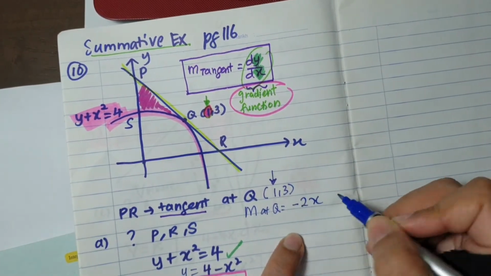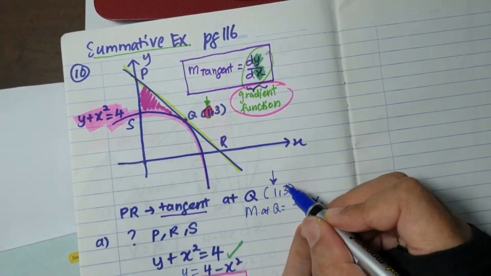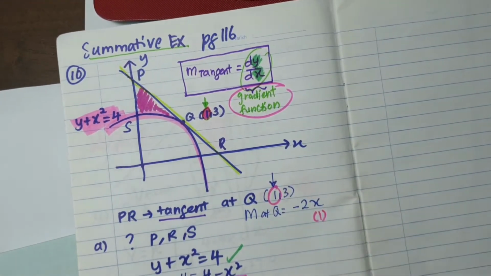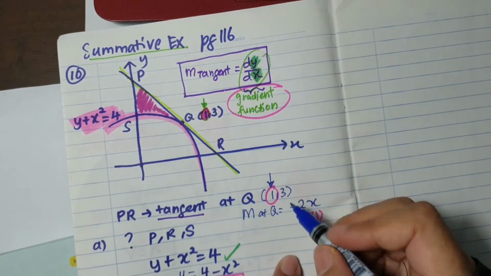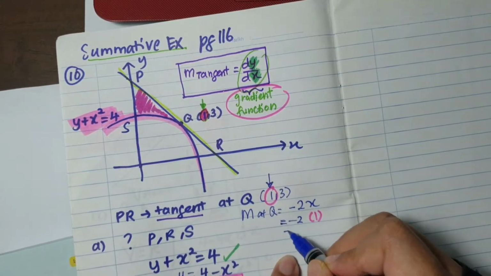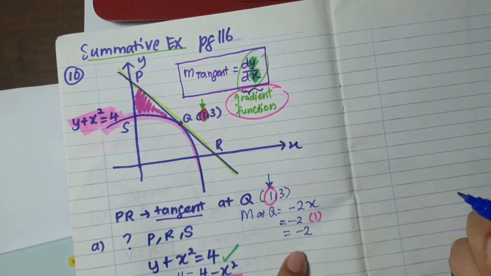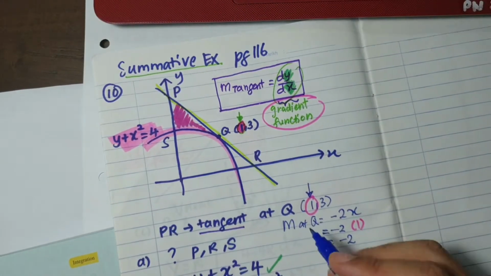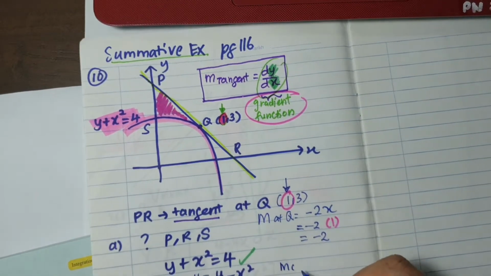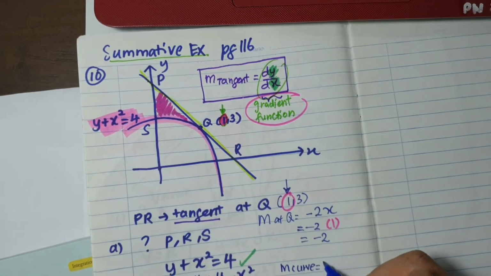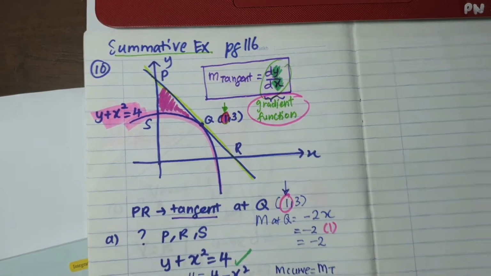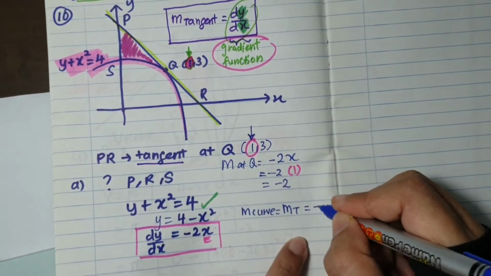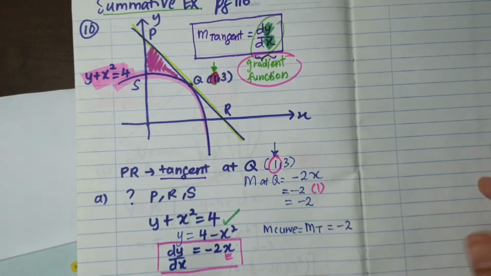The gradient function is negative 2x, and x right now is 1. So put in, you'll get negative 2. So the gradient of the curve at Q, which is defined as the gradient of the tangent at Q, is negative 2.